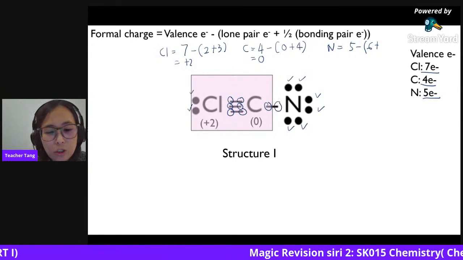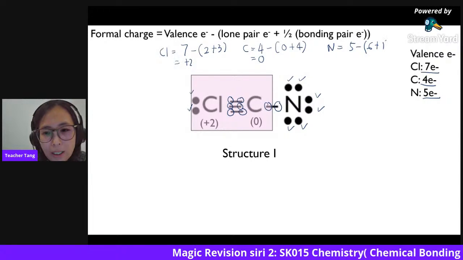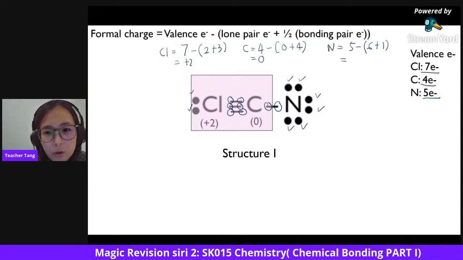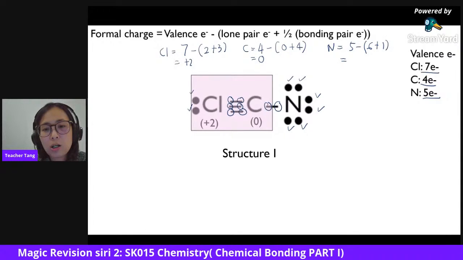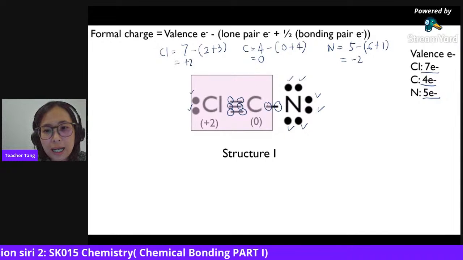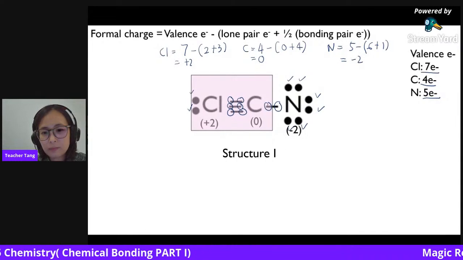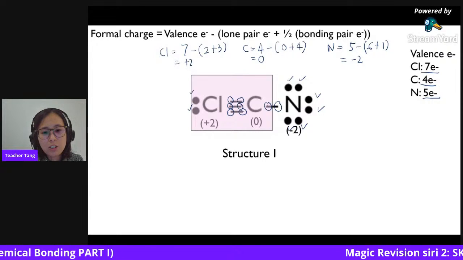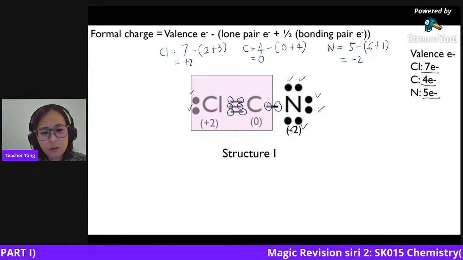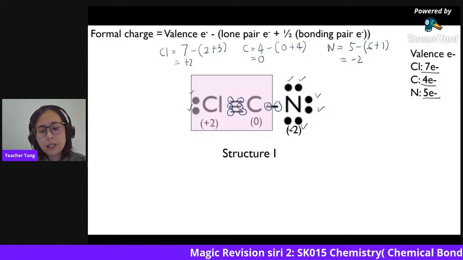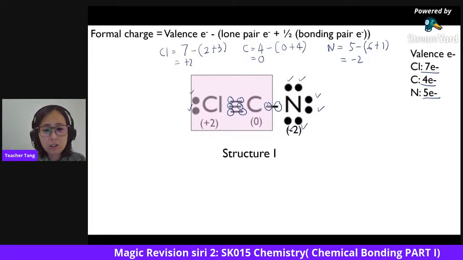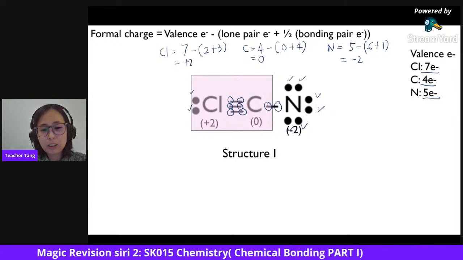Only 1. So this gives the formal charge of nitrogen as -2. So this is the formal charge for structure 1. Can you see that it is not the lowest possible? So we are not sure whether this is the most plausible Lewis structure or not.